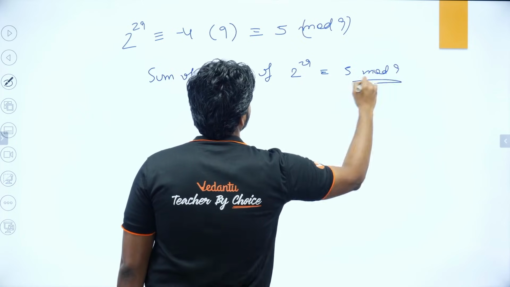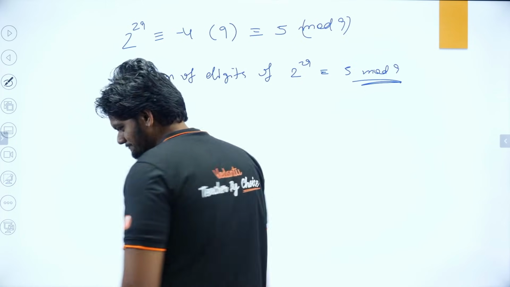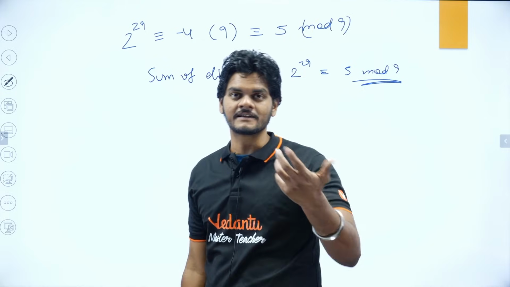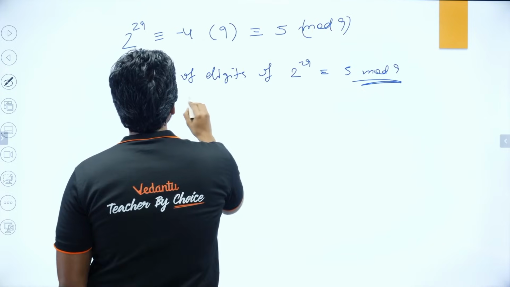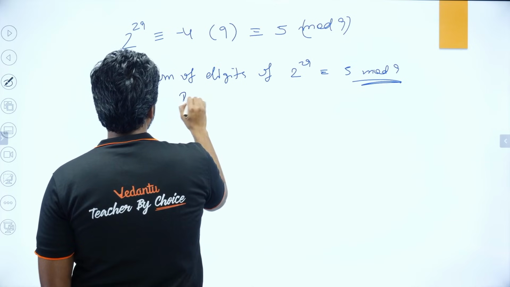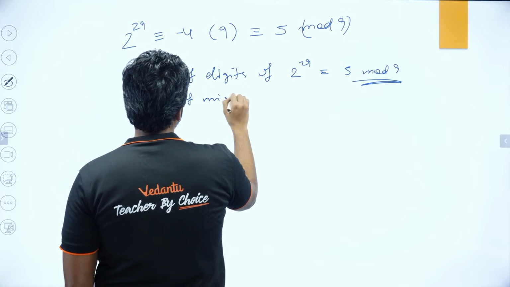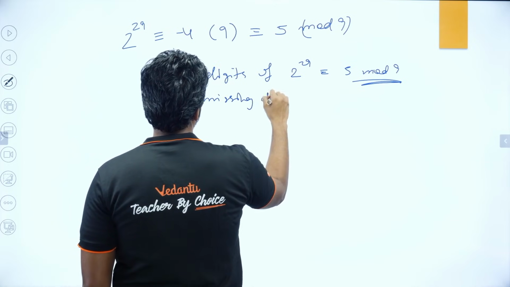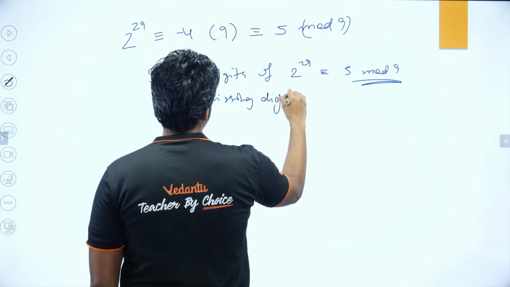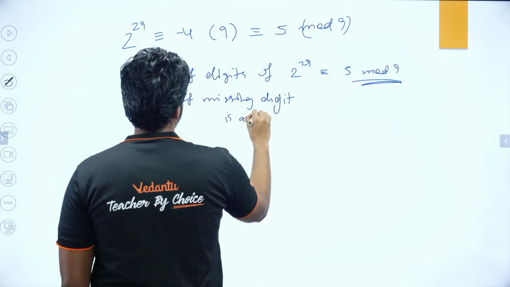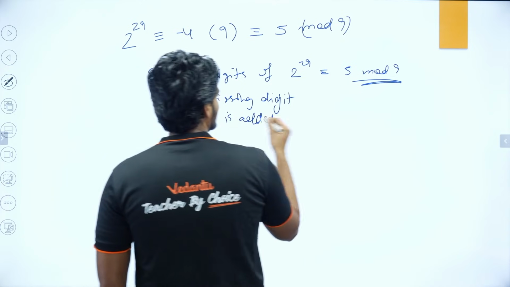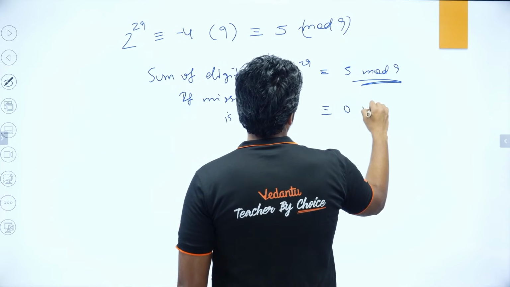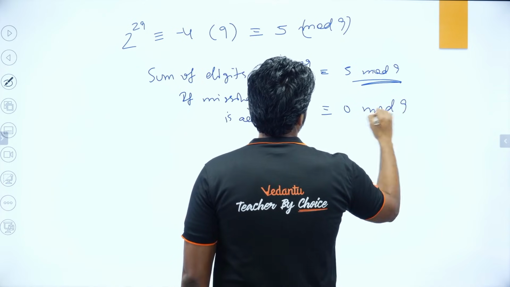So, which digit is missing? What do we need? If the missing digit is added, it should be equivalent to 0 mod 9.